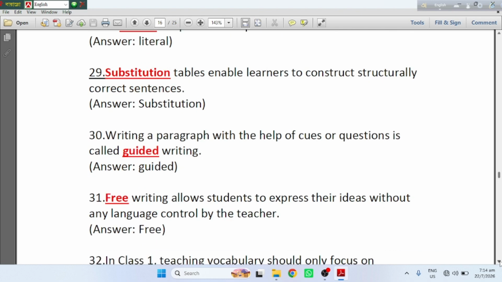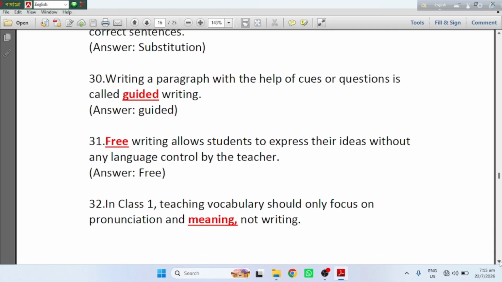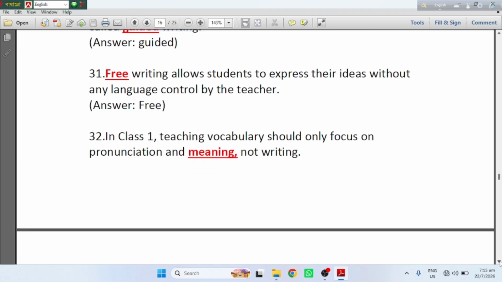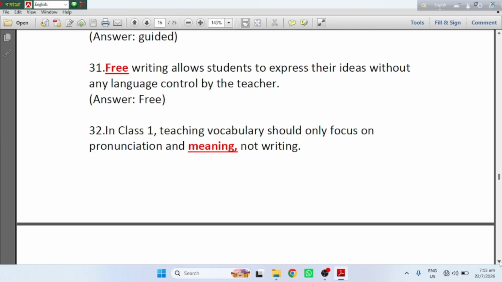Writing a paragraph with the help of cues or questions is called guided writing. Free writing allows students to express their ideas without any language control by the teacher. In class 1, teaching vocabulary should only focus on pronunciation and meaning, not writing.